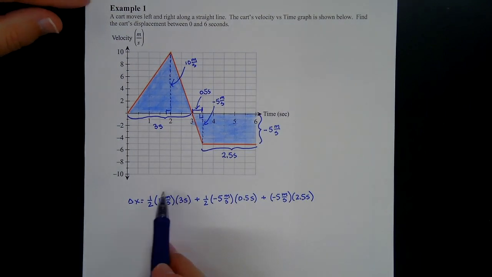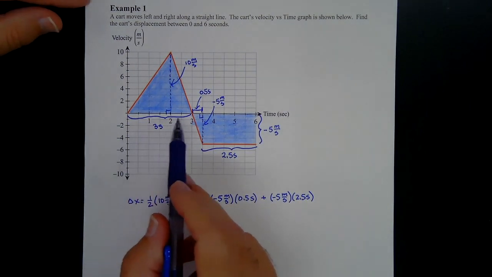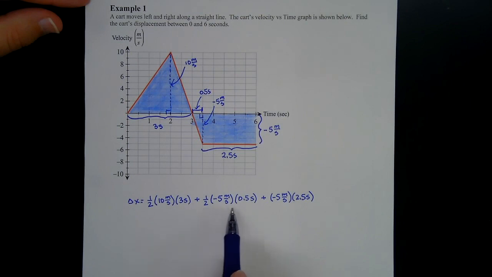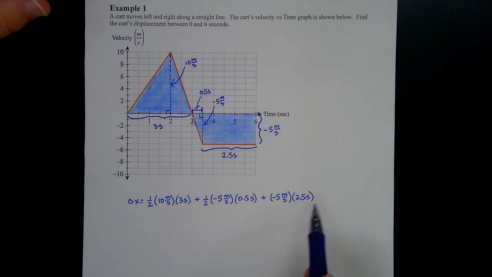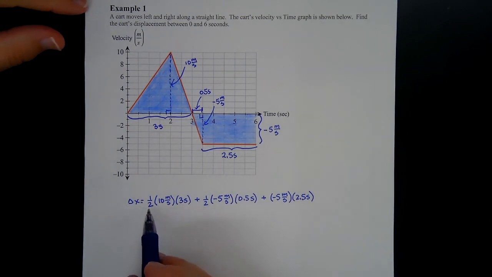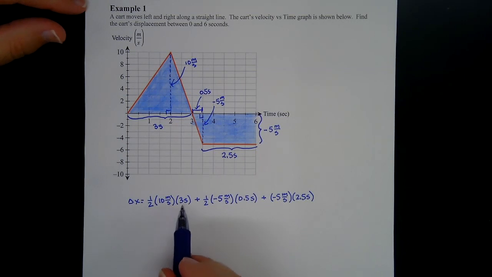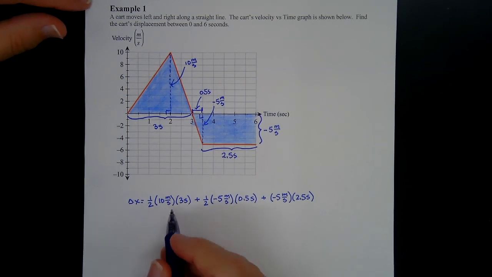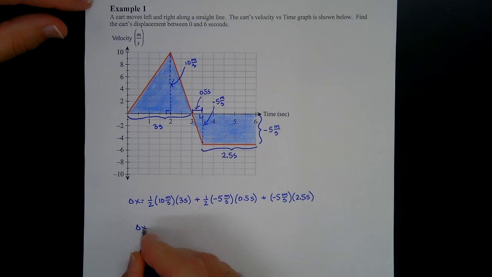This first one is the displacement between 0 and 3. This is the displacement between 3 and 3.5. And this is the displacement between 3.5 and 6. If we add all these displacements up, we wind up with the overall displacement. Half of 10 is 5, and 5 times 3 is 15, and my seconds cancel, so this turns out to be 15 meters.